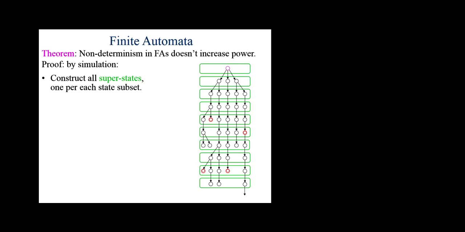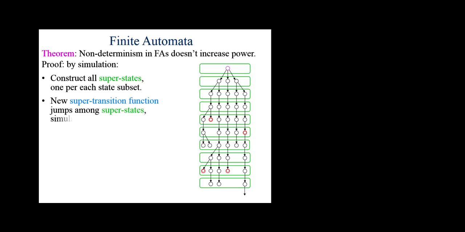So this superstate contains just the initial state of the machine. This one contains these three states. This one contains these five states, and so on. So each superstate will contain some number of states of the original machine taken as a set, and together we'll declare that to be a superstate corresponding to one of the subsets of the original state set.